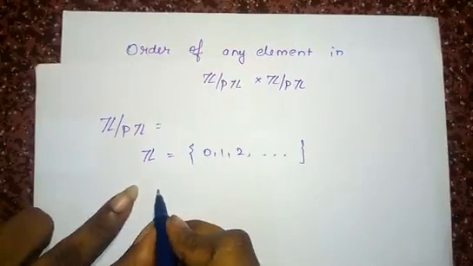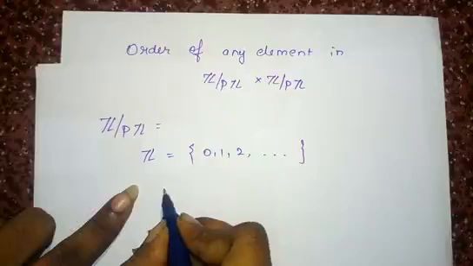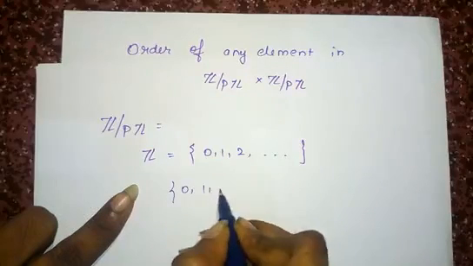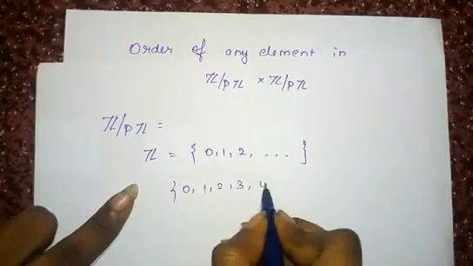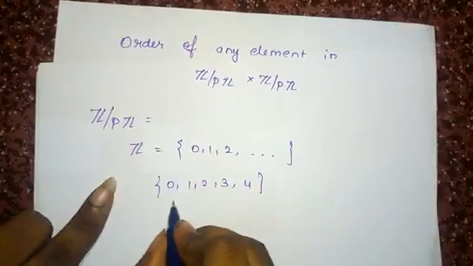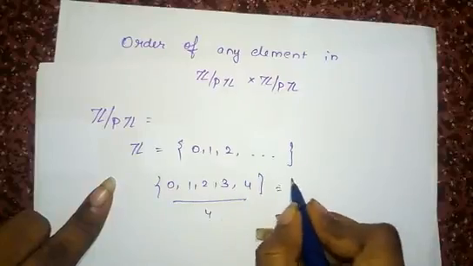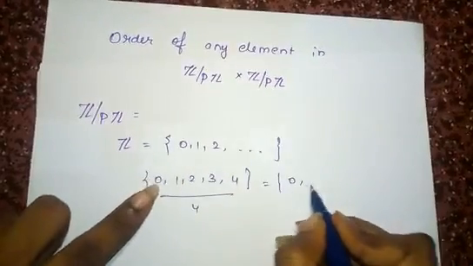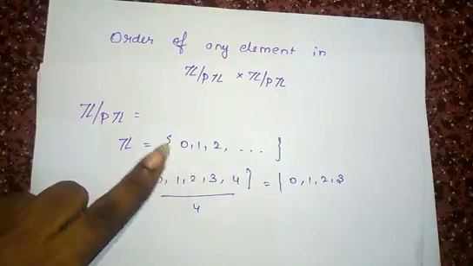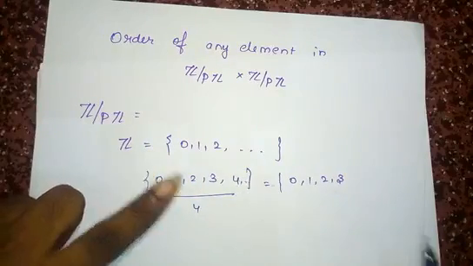If I take a set 0, 1, 2, 3, 4 and divide all these elements by 4, I'll get the remainders 0, 1, 2, 3, that's it. I can also take more, it goes on, right?